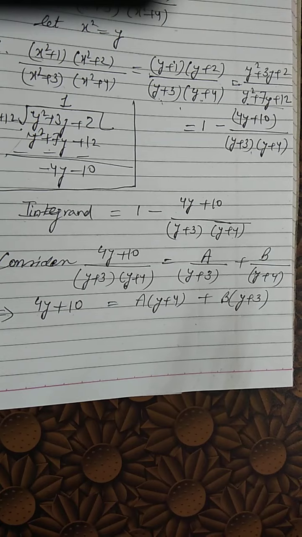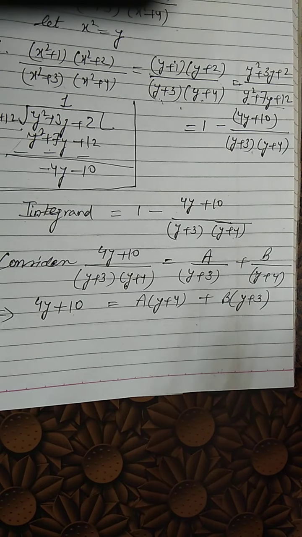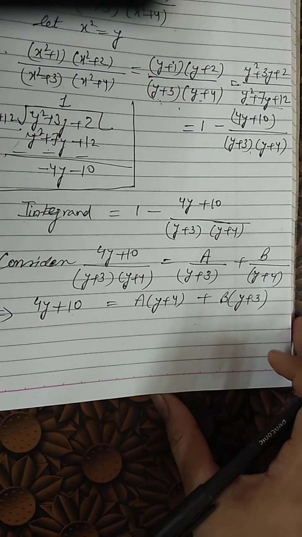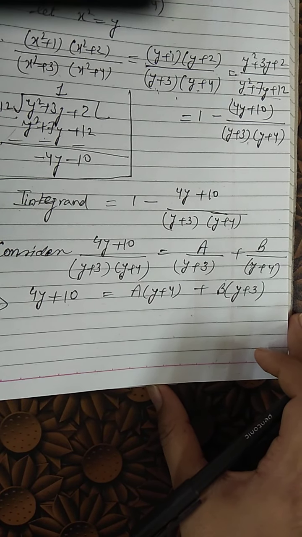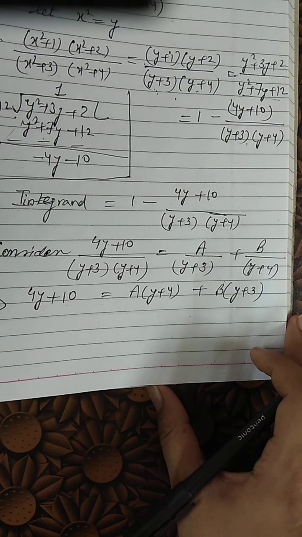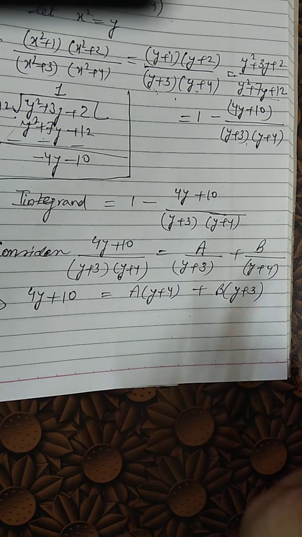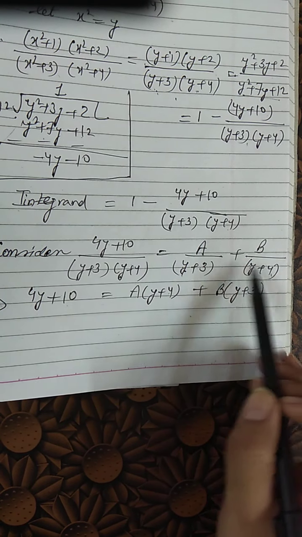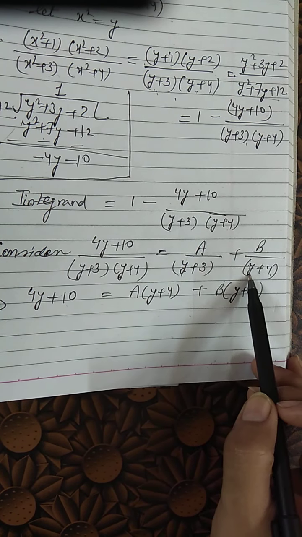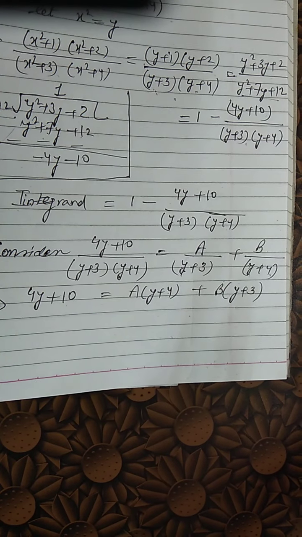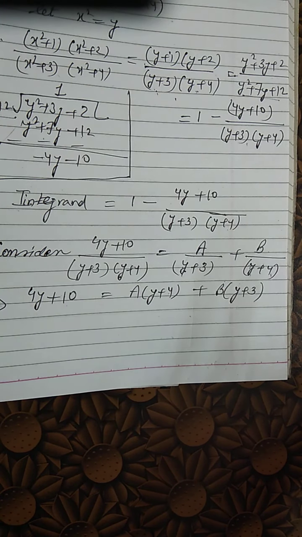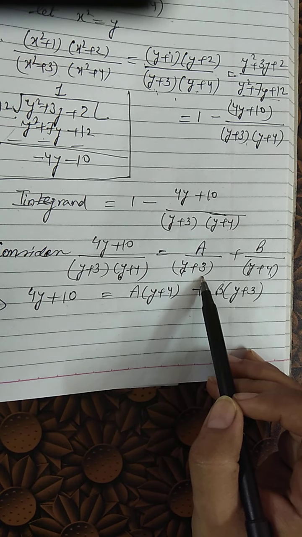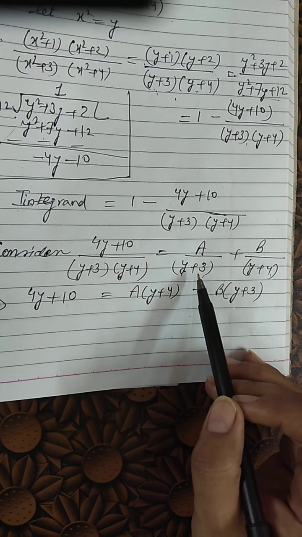Now remember, till now I have told you one method. We will simplify it, equate the coefficients, and you get the values of a and b. One more easy trick is there, but that trick we will apply only when we have linear factors in the denominator. Remember, when we have a upon linear factor plus b upon linear factor plus c upon linear factor, like that, then what we will do here, if I put the first linear factor y plus 3 equal to 0, the value of y is coming minus 3.